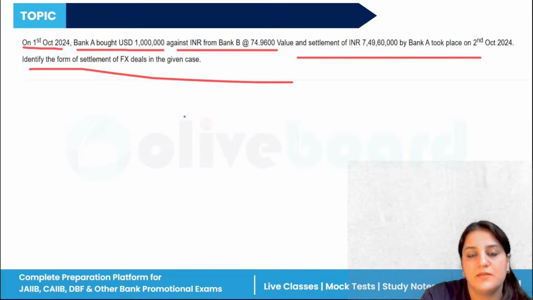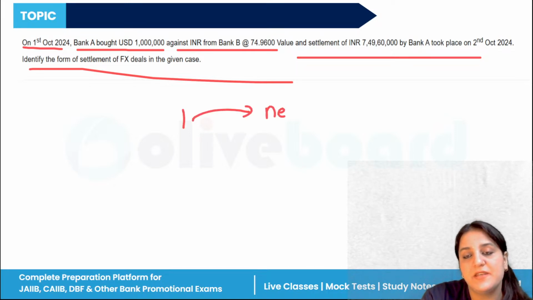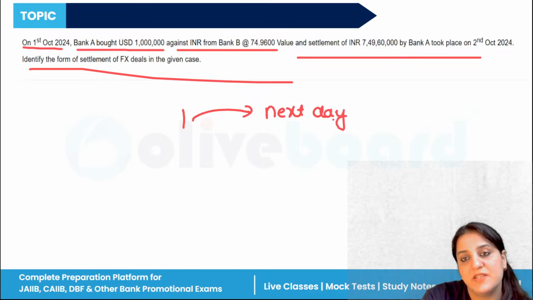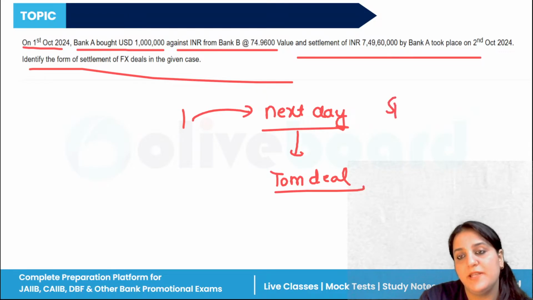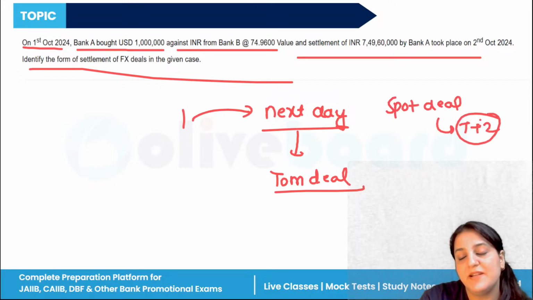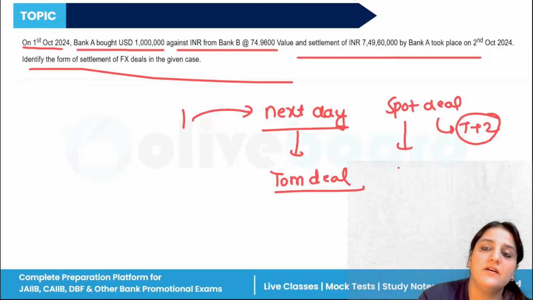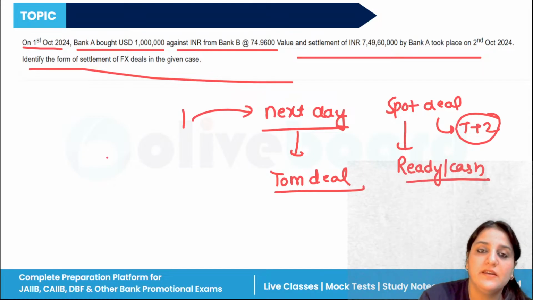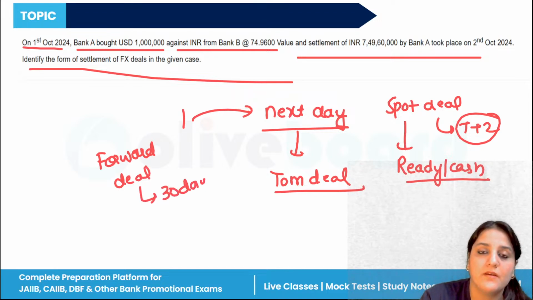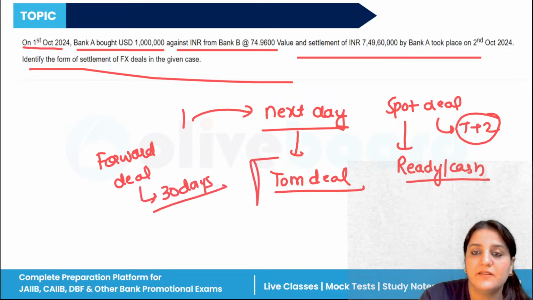See, settlement is done on the very next day, and in the next day situation there is a Tom deal, because a spot deal takes T plus 2 days, that means settlement happens 2 days later. Then there is a ready or cash deal, which means immediately. Then there is a forward deal, which is basically after 30 days. So the correct answer is Tom deal.